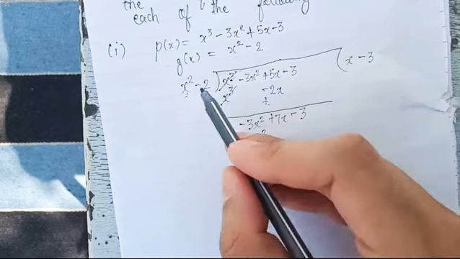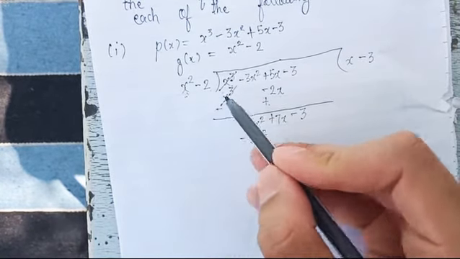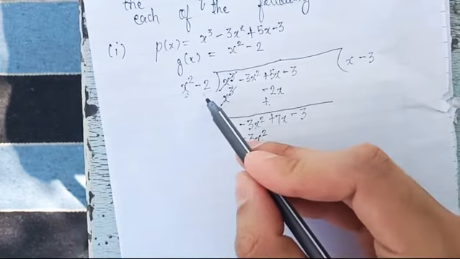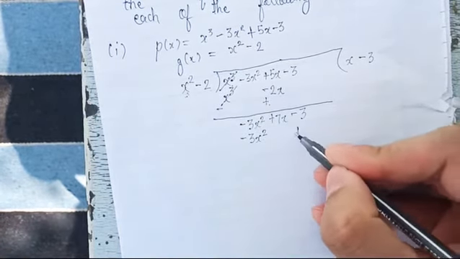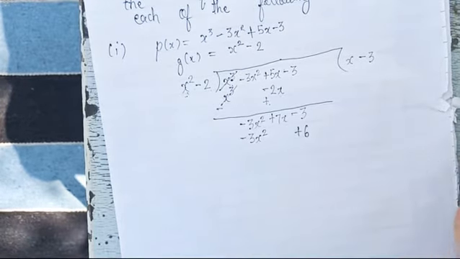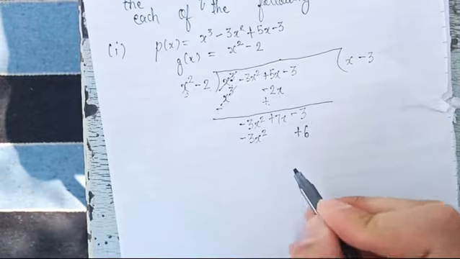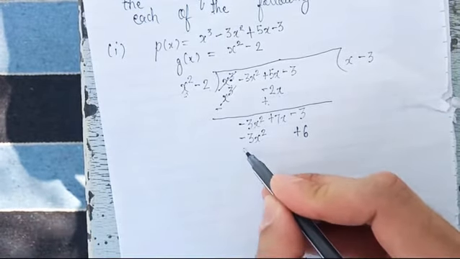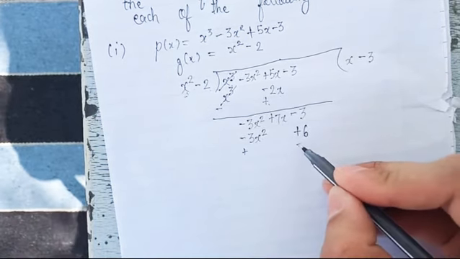Now minus 3 will multiply with x square, then minus 3 will multiply with minus 2 also. So minus 3 multiply with minus 2, it will become plus 6. So plus 6 I will write here. Okay, now again changing the sign convention, negative sign will become positive, here positive sign will become negative.